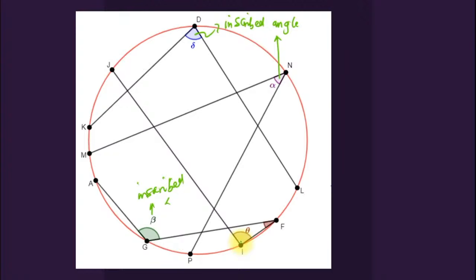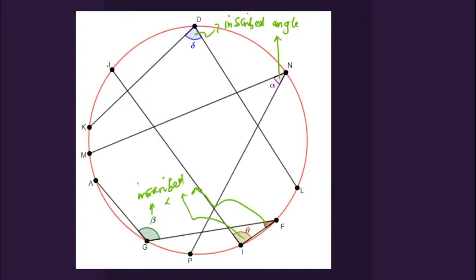So theta is also an inscribed angle. Finally, look at GF and IF. F is the common endpoint. So this angle is also an inscribed angle. Any angle formed by two chords with a common endpoint is called an inscribed angle.